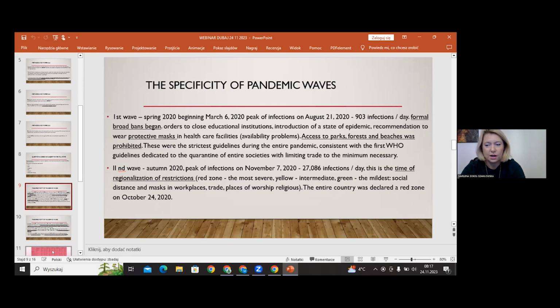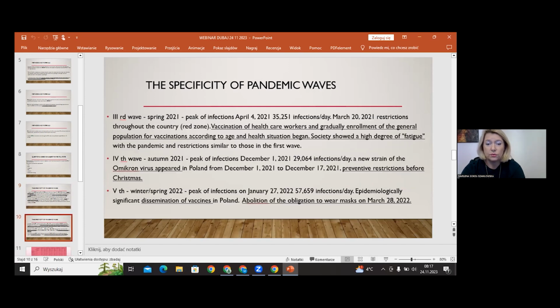So it was really hard for people and very hard for their mental state. The second, in autumn, half a year later, we had a regionalization of restrictions, and we had red zones, yellow zones, green zones. And all the time we had to wear face masks.